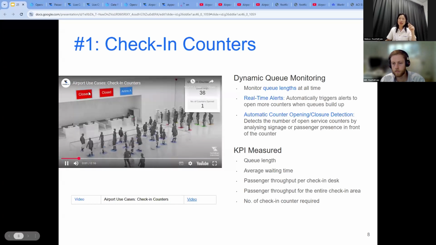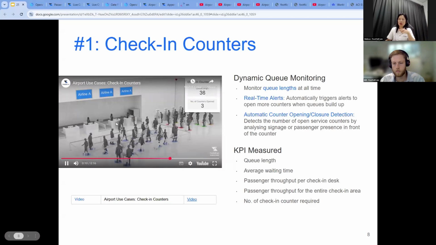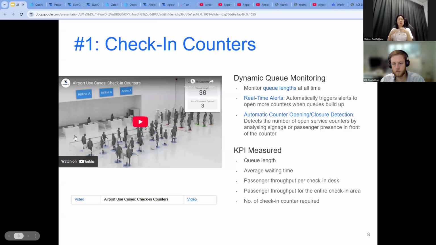For example, detecting the dynamic signage, like the screen status, whether the counter lighting is on, and the passenger activity in front of the counter. Obviously, if there's no one in front of there, that counter's not open. So we auto-detect whether they're open or closed. The airport staff, the operators there, do not need to do any menu input. So we remove all the need for menu tracking or staff reporting.